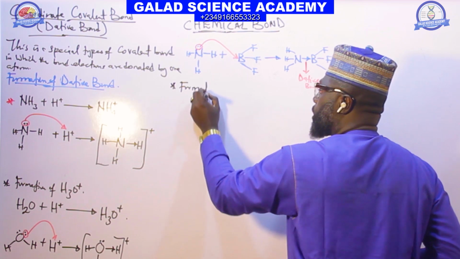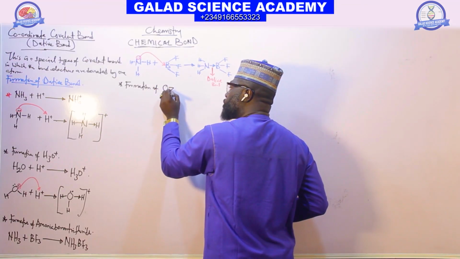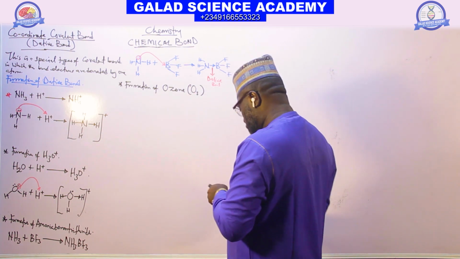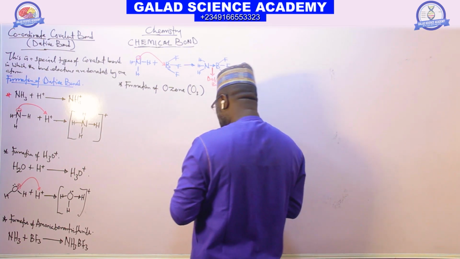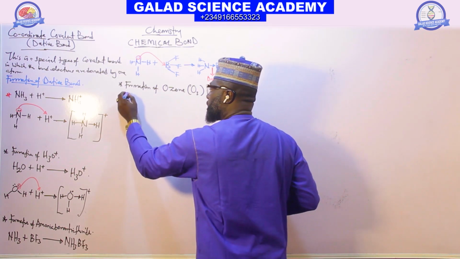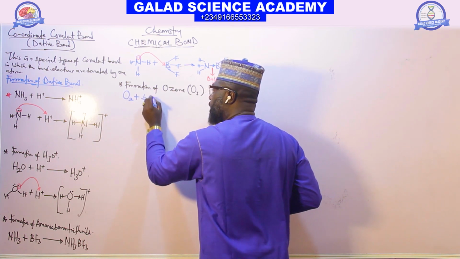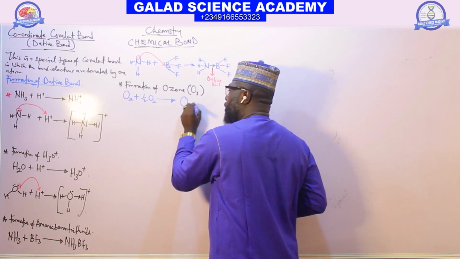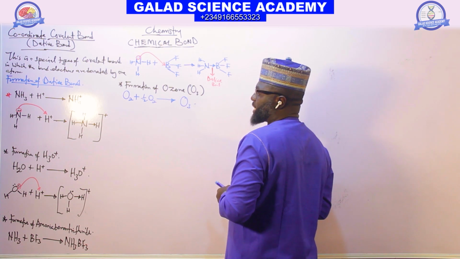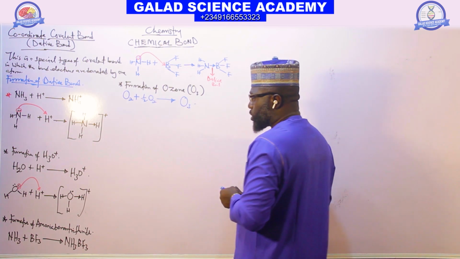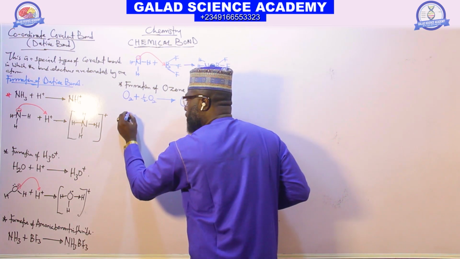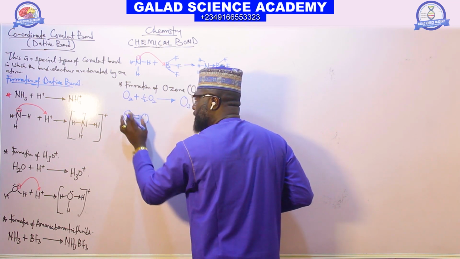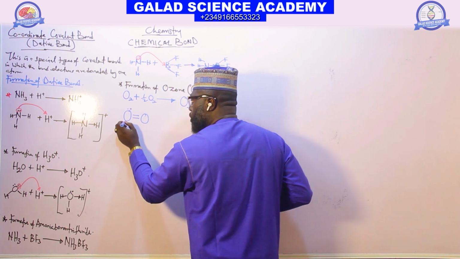So another example is the formation of ozone. Ozone is O3. Let us look at it. Oxygen molecule reacts with half of this to give you O3. Let us look at the reaction that happened there. So when we have the oxygen molecule, this is the bond we have here, and this has 2 lone pairs.